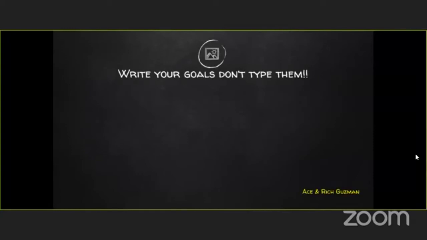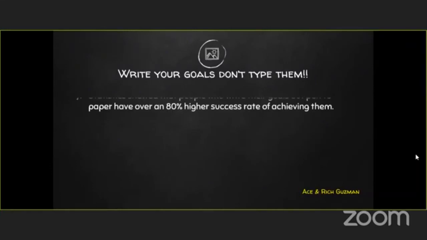This is very important, guys. Write your goals, don't type them. Okay? It is specifically said that if you write your goals, you would have an 80% higher success rate of achieving them. Statistics showed that people who write their goals out pen to paper have over an 80% higher success rate of achieving them versus the people who type them out.